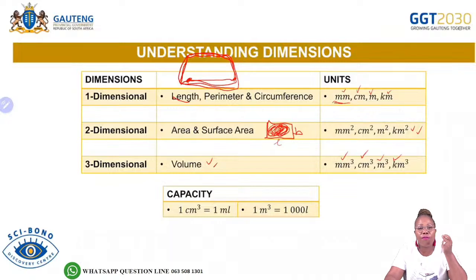When we are converting, 1 cubic centimeter is equal to 1 milliliter. And if you convert cubic meters to liters, 1 cubic meter will be equal to 1,000 liters. So those are the conversions that you must always remember when you are doing your calculations.